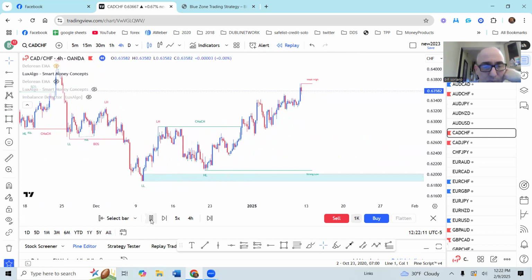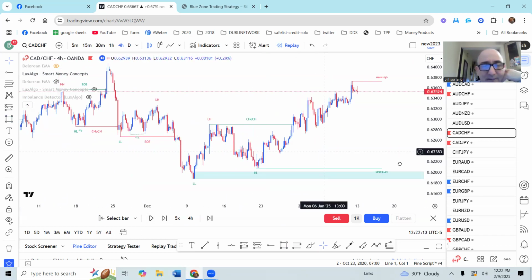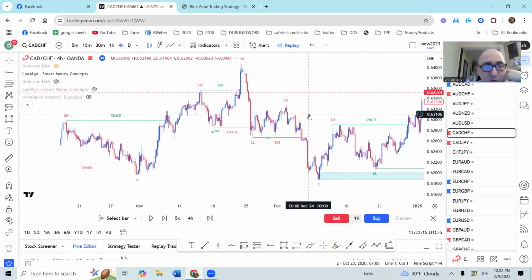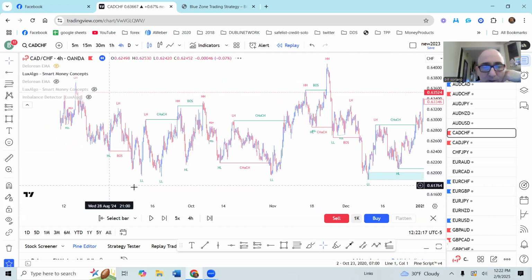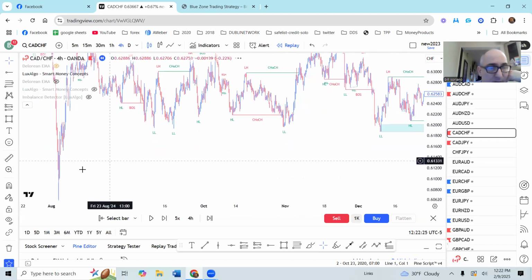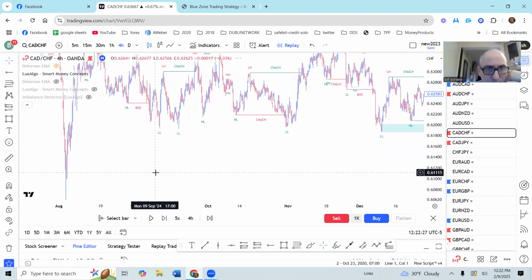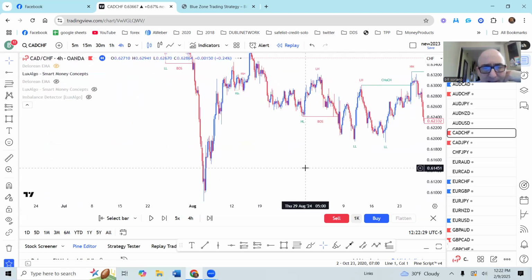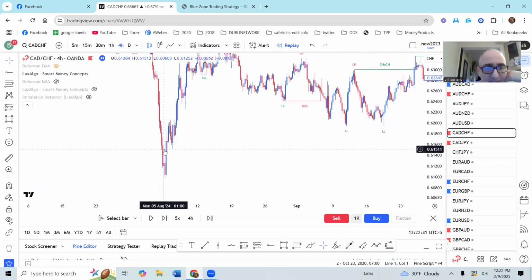And real quick, let me show you this area here. If we scroll to the left, you see how we don't see anything lower for quite some time. Now, there is a lower area back here, but that's pretty far back, and there's also no imbalance in this. This imbalance is all closed up.